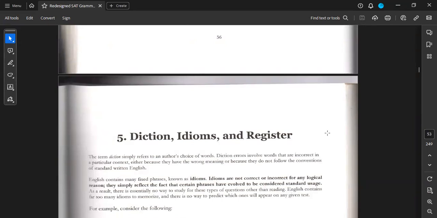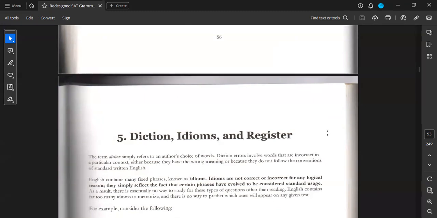Diction, if you think of the word dictionary, just refers to an author's choice of words, right? The kind of words that a person uses.